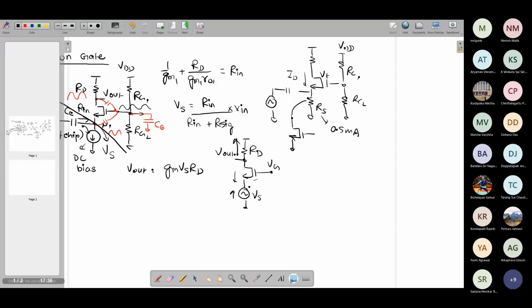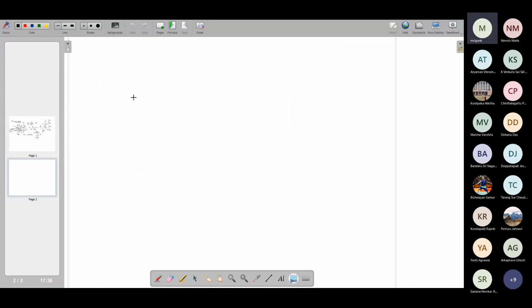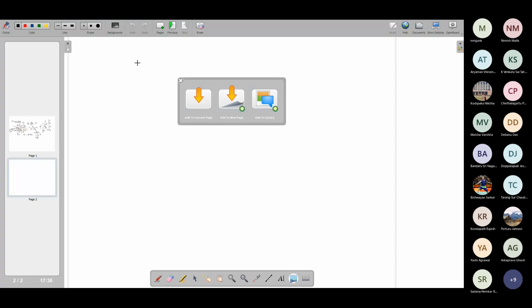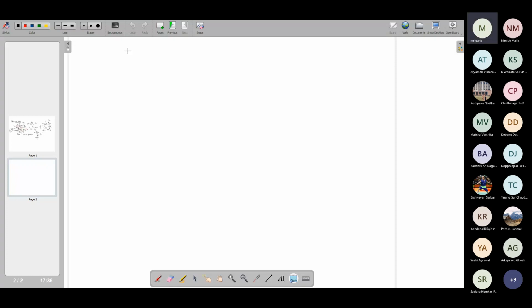So if I'm using it as a current to voltage amplifier, that means a transimpedance amplifier, that is another application. Then you have this same condition.